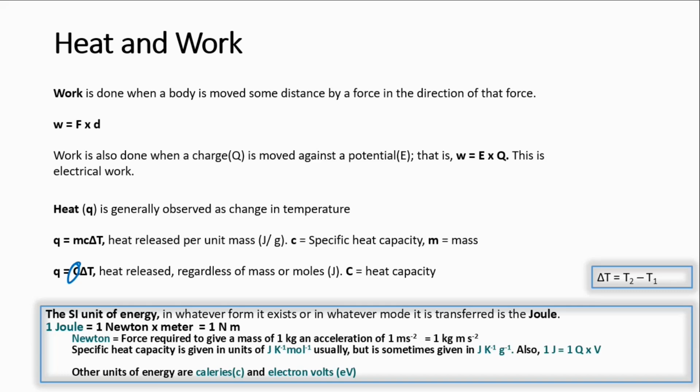So if you're talking about degrees Celsius or Kelvin, it's the energy required to increase the temperature by 1 degree Celsius or by 1 Kelvin. Okay? So most of the times you'll find that we'll be using that one. And of course we know that delta T is just a change in temperature.